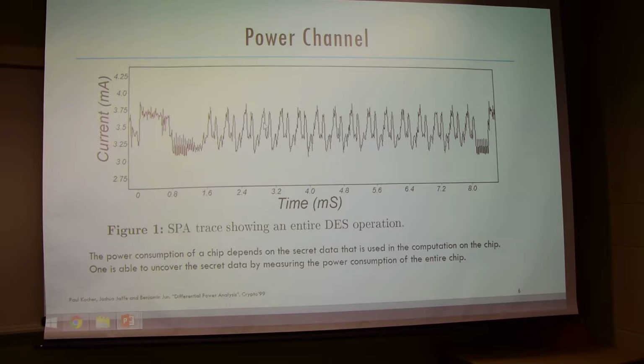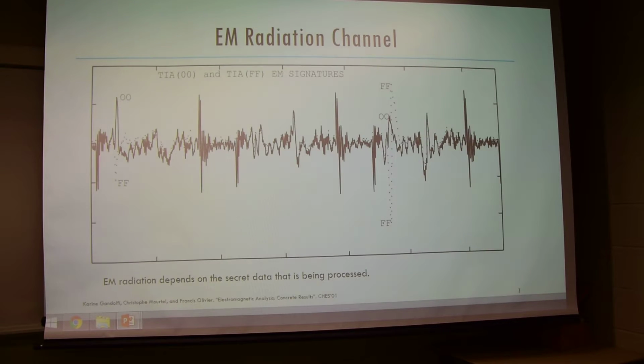The power consumption of a chip depends on the secret data used in the computation, so we can use this power side channel information to extract secret data. We will talk about this in detail today.